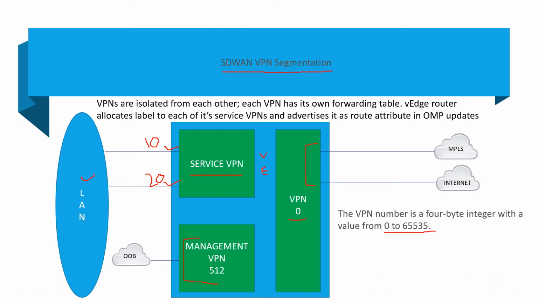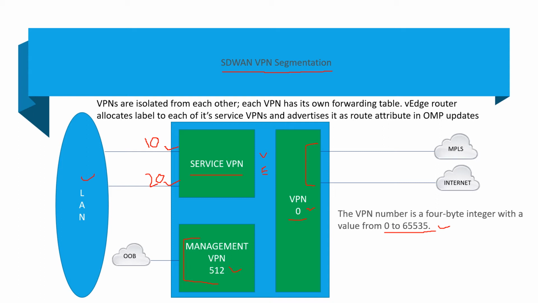There are some reserved VPNs, like VPN 0. By default, when you provision any device, VPN 0 and VPN 512 come by default. Then you have the option to choose from VPN 1, and if you leave a couple of service VPNs, those are reserved. You have a full-fledged range to create LAN-side service VPNs.